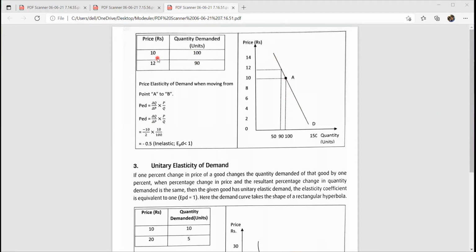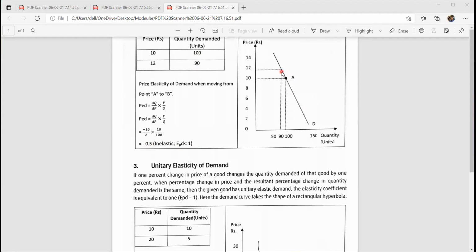Here, price changed by 20%, but quantity changed by 10%. That's why quantity is a lower percentage than the price, 0.5, inelastic. The value of PED is inelastic. So the curve is a steeper demand curve.